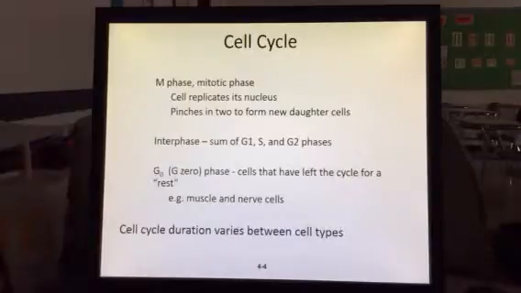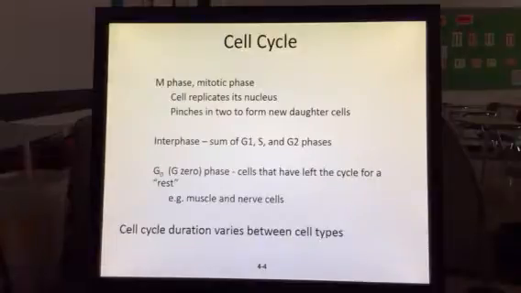And then, of course, here is the main event, the M phase, and this is what we're going to look at in way more detail. It is mitosis. Mitosis is specifically the division of the nucleus. This says cell replicates the nucleus, and really, that is what happens, because we're going to make two nuclei from one. Then right after two nuclei form, the cell itself splits in half, making two new daughter cells.